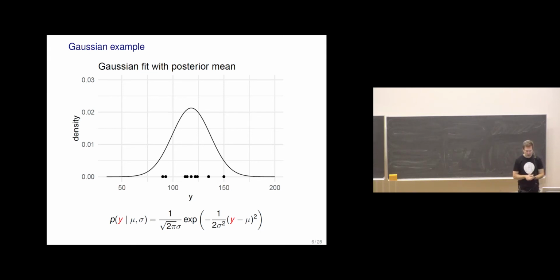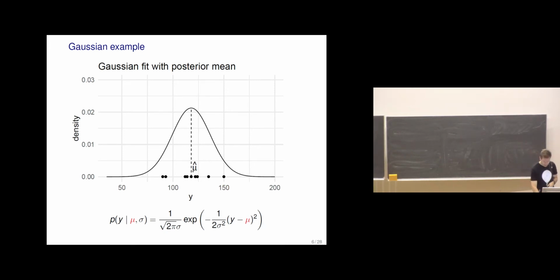So here's the equation for the normal distribution. With the red, I'm showing y, so we have a model for how the observations would be distributed if we know mu and sigma. In this case, in the place of mu I put mu hat, which happens to be the point estimate from the posterior.